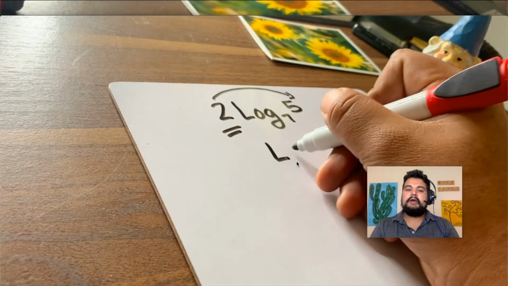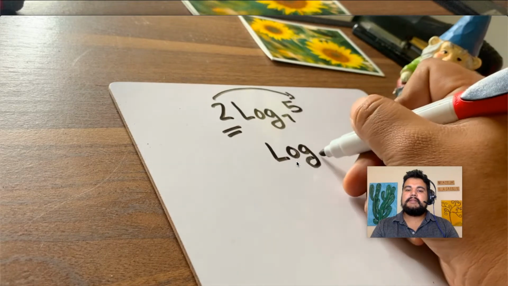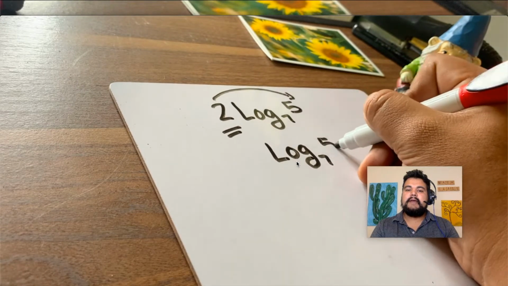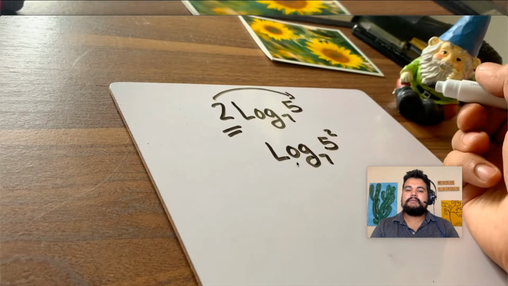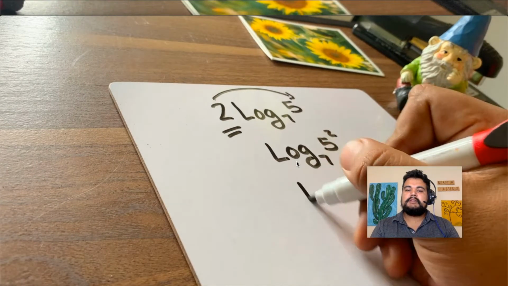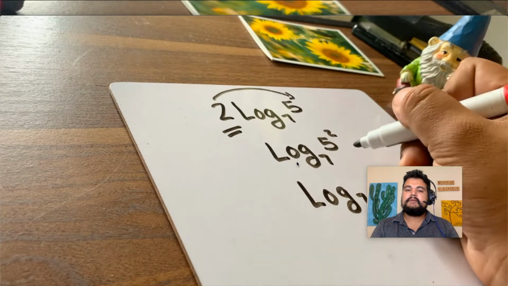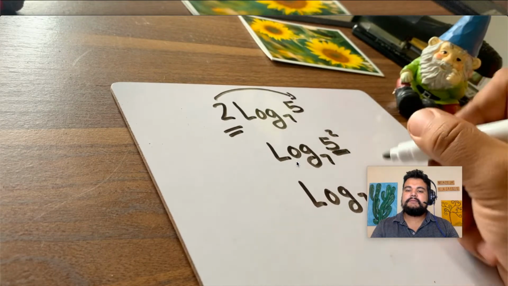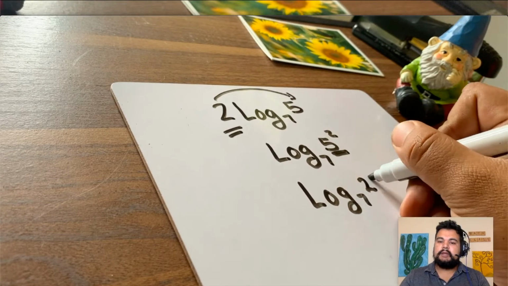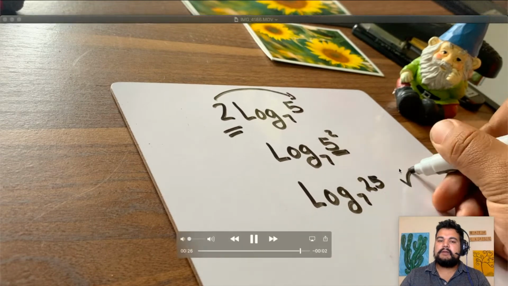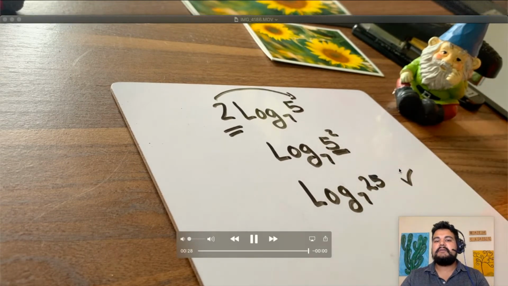So we have log base 7 of 5 to the power of 2. And we can simplify this because we know 5 squared is 25. So we end up with log base 7 of 25. And again, this is still condensing because we're making the log even simpler.